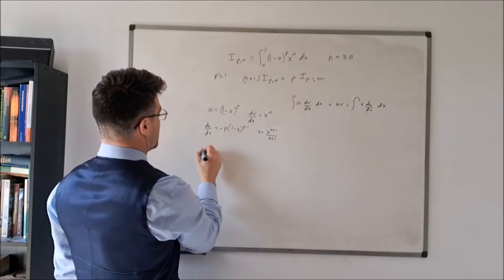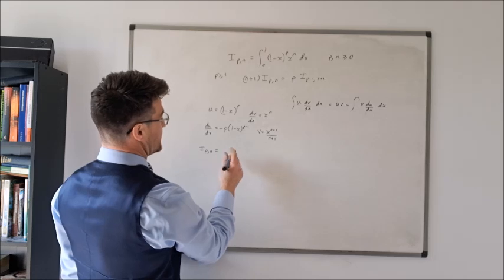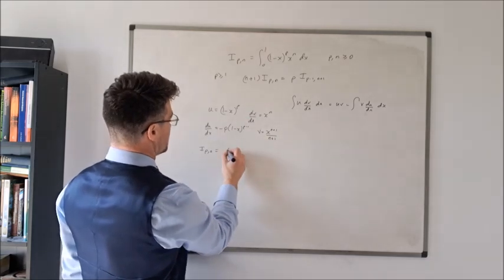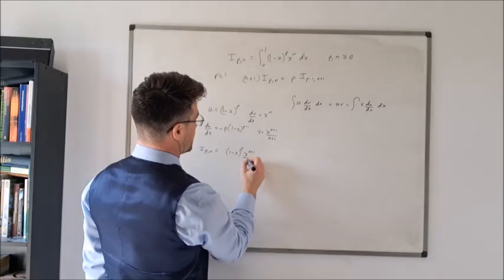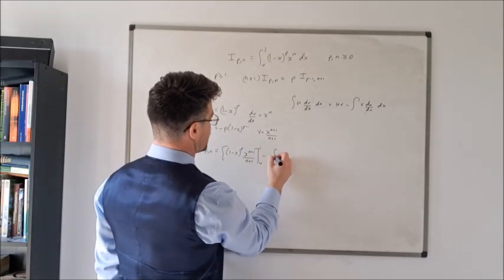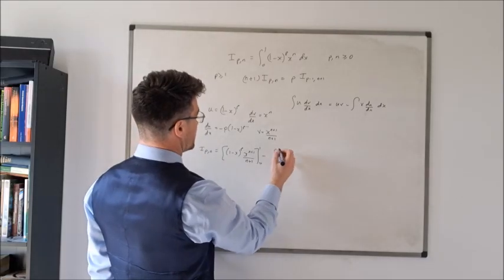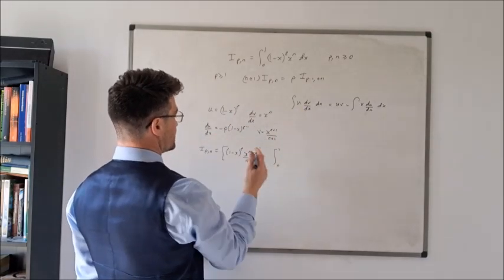So I, p, n is going to be equal to u times v, so 1 minus x to the power of p, x to the power of n plus 1 over n plus 1, and don't forget the limits between 0 and 1, minus the integral from 0 to 1 of v times du by dx.